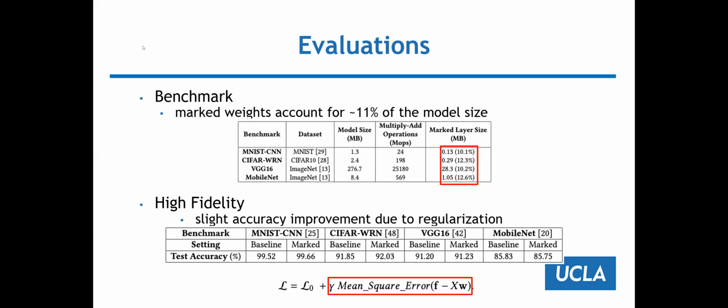The reason why some improve is that during the refinement training process, we added this regularization term to the loss function, which is in this red rectangle here, and it prevents the model from overfitting. That's why the test accuracy sometimes gets a little bit higher than the baseline model. So this shows that DEPA test has high fidelity. Next slide, please.